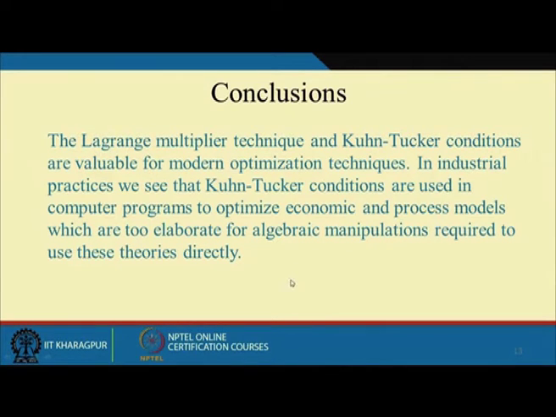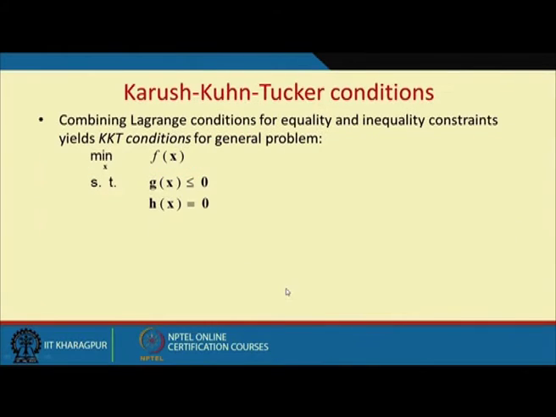That is why we can conclude that the Lagrange multiplier technique and the Kuhn-Tucker condition are very important for us, and we are applying these to any economic problem or any industrial problem where we are dealing with nonlinear programming with inequality constraints.